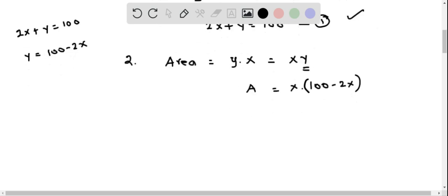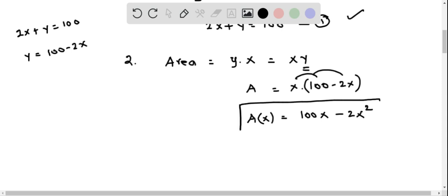Now let's distribute the x so that we can write this area in function notation, that is A of x. This equals x times 100 is 100x, and then x times negative 2x is negative 2x squared. So this is the optimization equation, A of x.